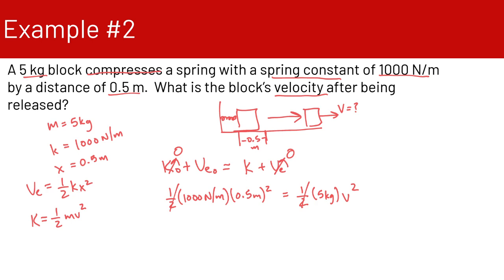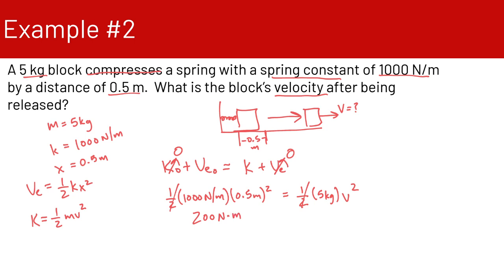So we have 0.5 squared, that's 0.25, times 1,000 newtons per meter. That gives us 250 newtons, and then per meter times meter squared gives us 1 unit of meters.